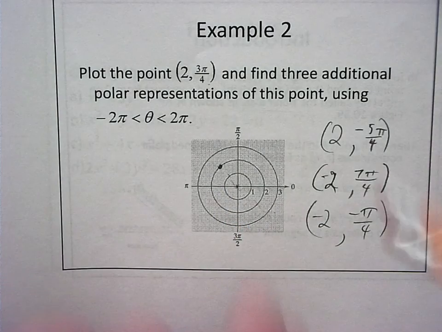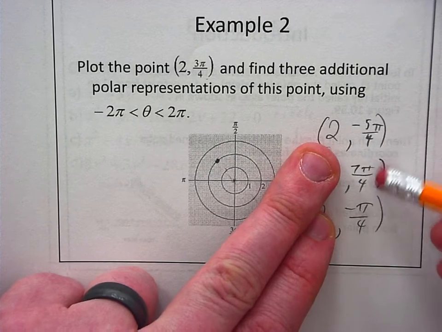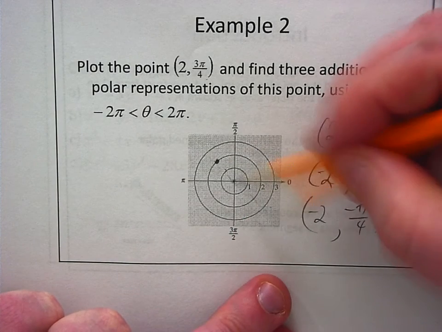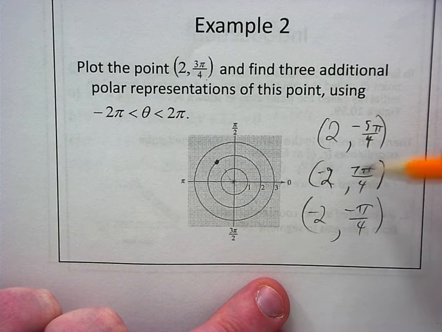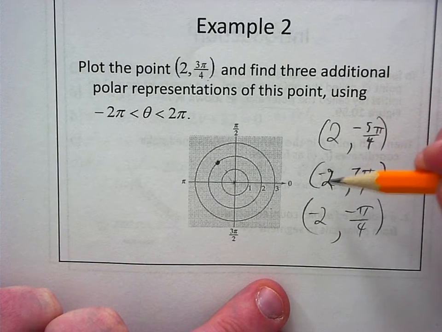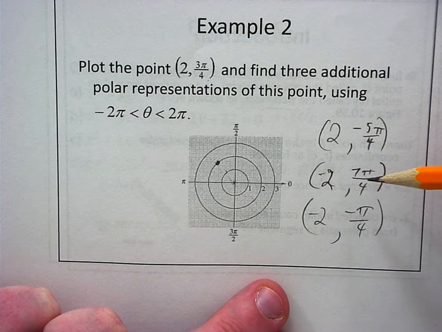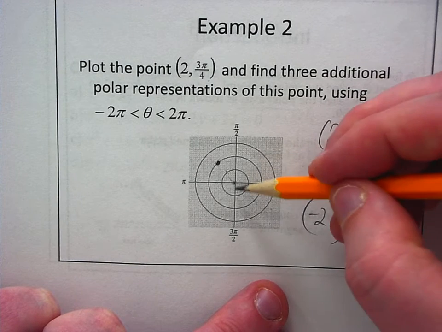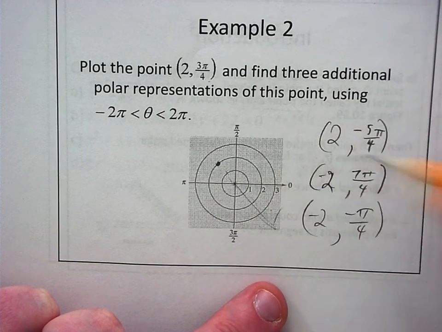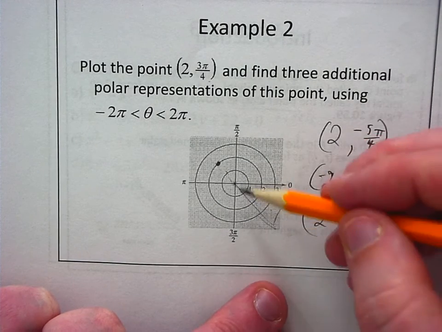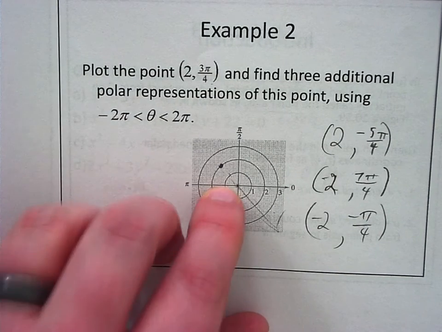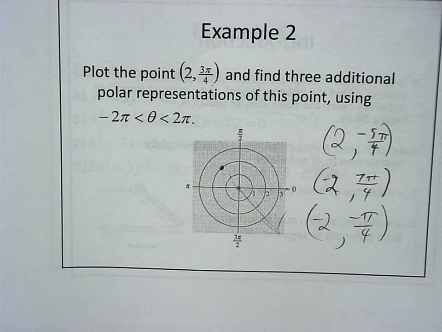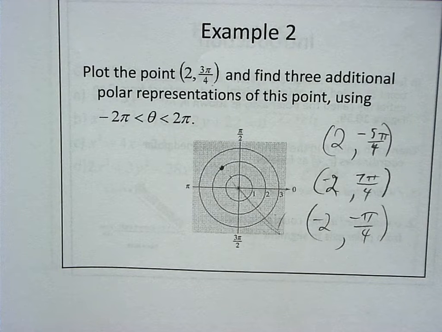The theta indicates direction of travel. If the radius is a positive number, it means go along that direction of travel. If it's a negative number, it means go the opposite of that direction. If it was a positive number, I'd be somewhere along that line. Does that help? Okay.